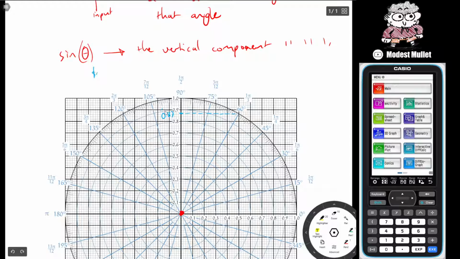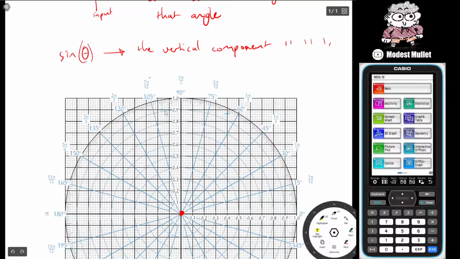So tan theta is technically defined as sine theta over cos theta, if I remember that correctly. Yes, that should be right. But we can leave that for now because we're more concerned with this geometric idea at the moment.